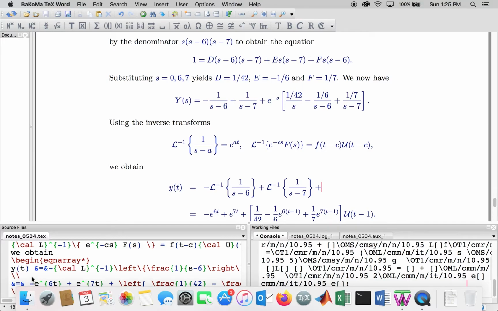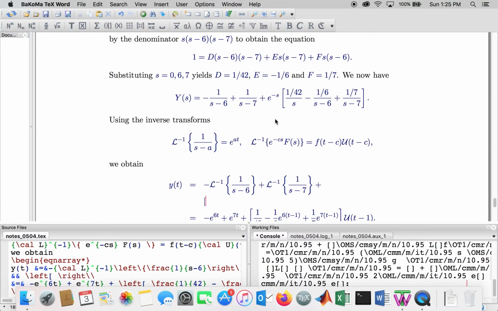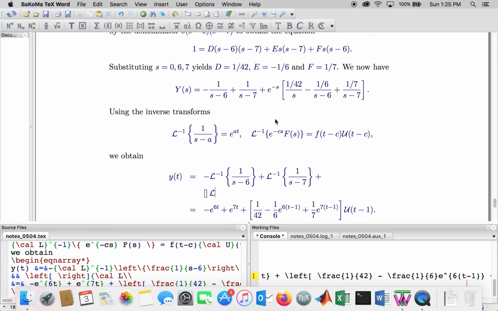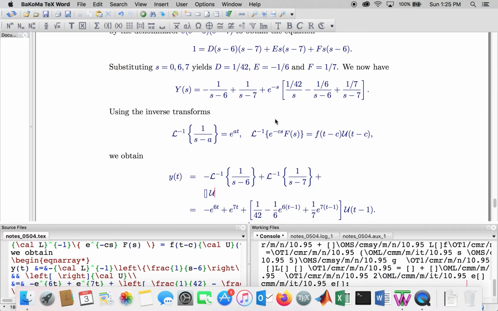And what we'll get is, because of the e to the minus s, we'll have a unit step function. So from this rule, I'll give u of t minus 1. And what's in here is going to be the inverse transform.